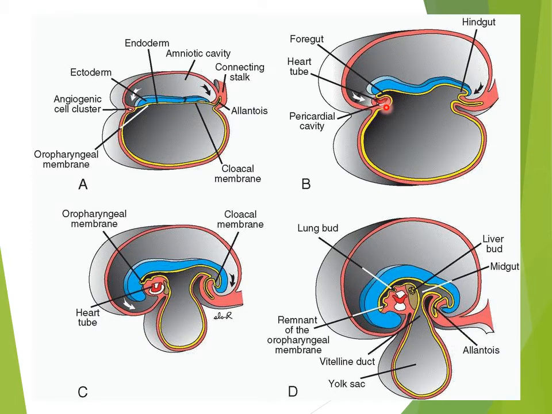So here you can see, because of this folding, first of all, there is the relocation of the cardiac area, that is the pericardial cavity along with the heart tube, relocating towards the ventral side of the embryo, and more towards the midline.